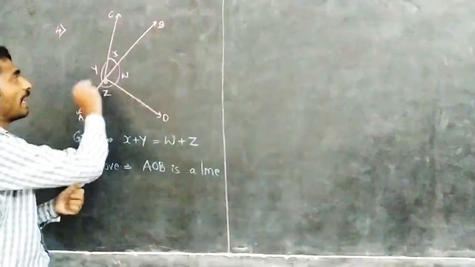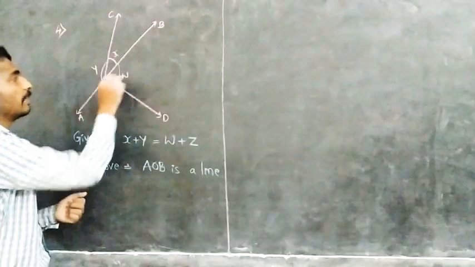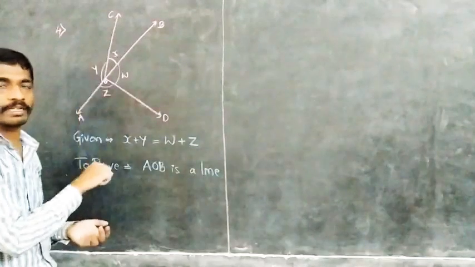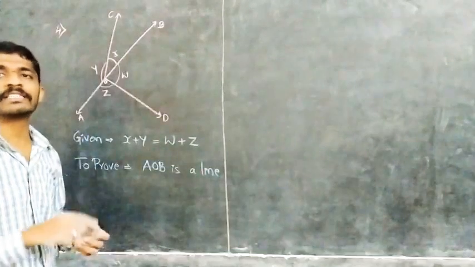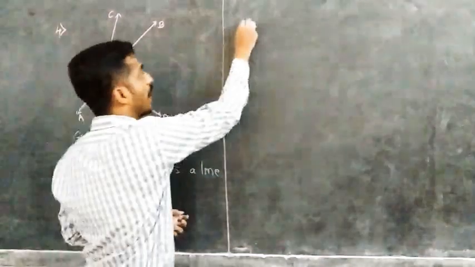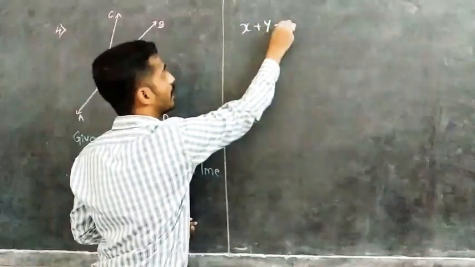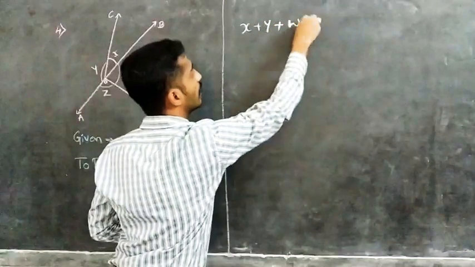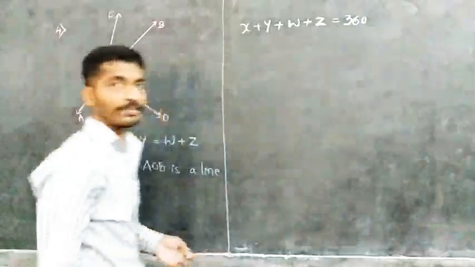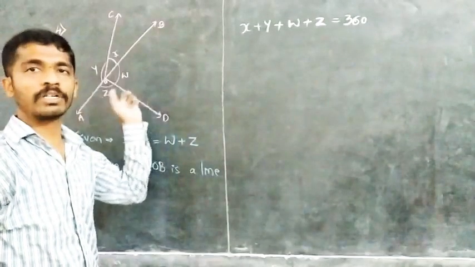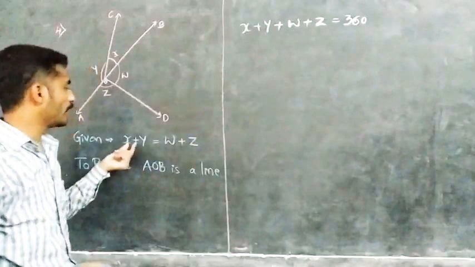In the figure, if you add x, y, z, w, all angles, what will you get? You will get the complete angle, that is 360 degrees. So first you add them: x plus y plus w plus z equal to 360 degrees. But what do we know?